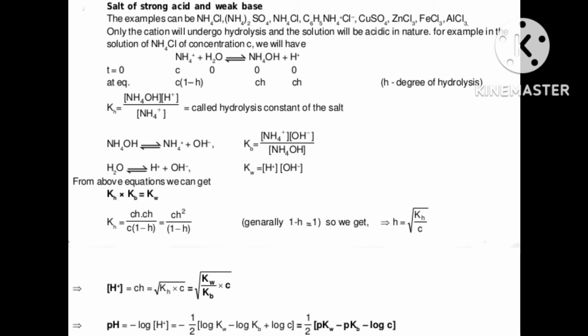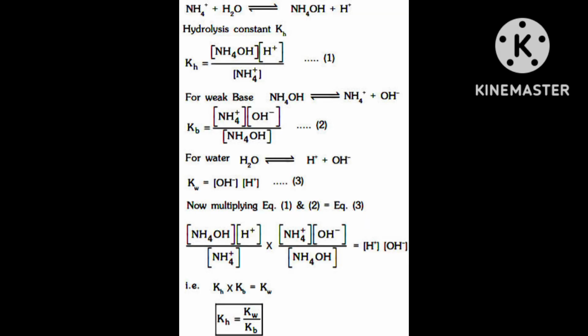When you know the H ion concentration, then you can calculate pH very easily. pH is equal to negative logarithm of hydrogen ion concentration, and the hydrogen ion concentration now you got is 1.06 into 10 to the power minus 11. After putting this value, you can calculate pH, and its value will come 10.97.